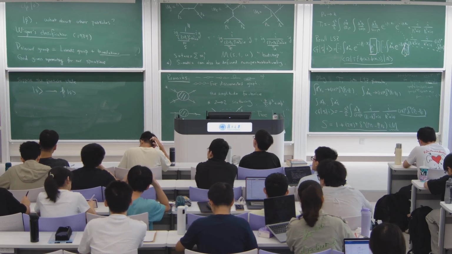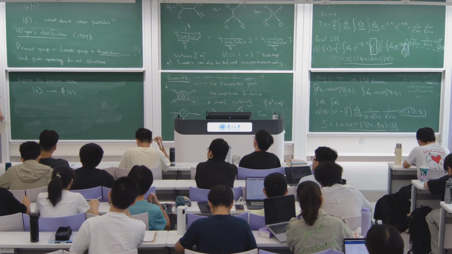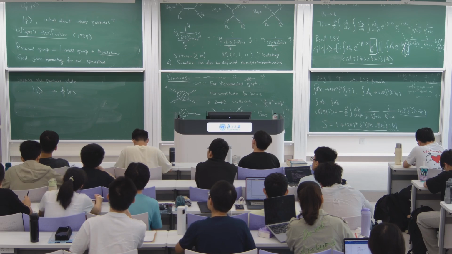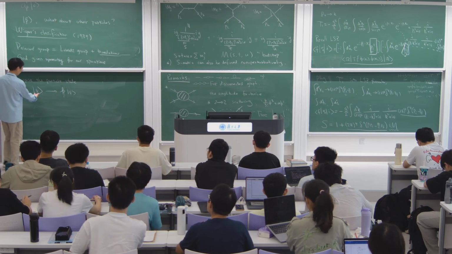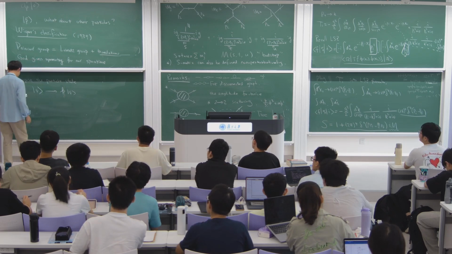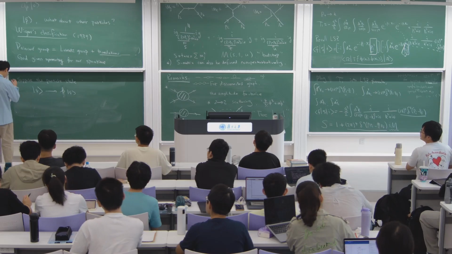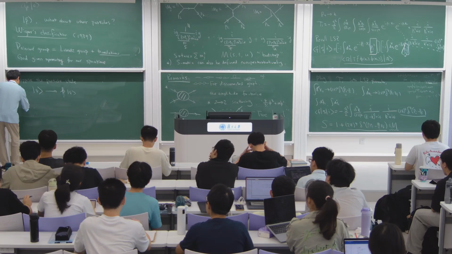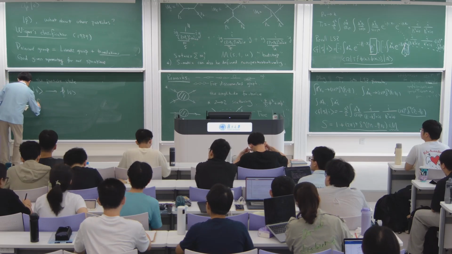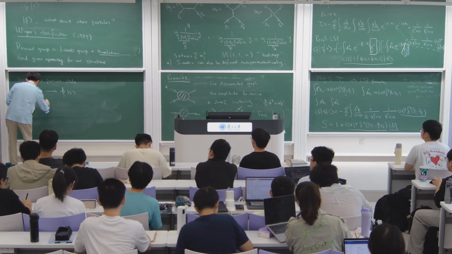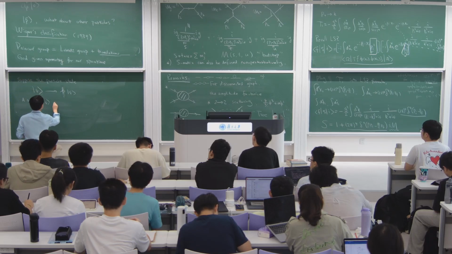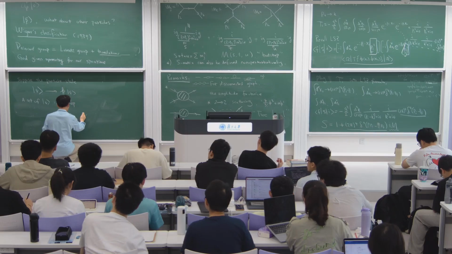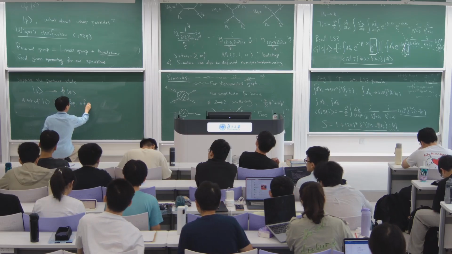This P can be a translation, a rotation, or a Lorentz boost, a Lorentz transformation. In any way, you just send it from one good particle state to another. Then in this case, we call a set of states a representation. It's a representation of the Poincare group.